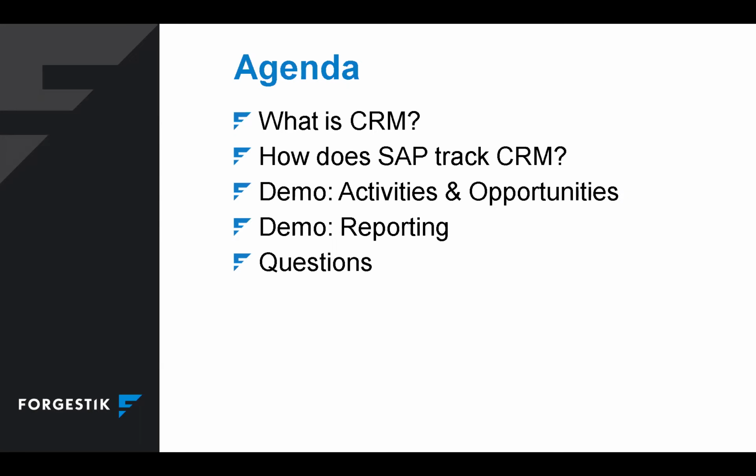How does SAP track CRM? CRM is primarily what's called an opportunity, and then generally along with those opportunities comes activities. So opportunities, what I'm about to demo, is a form specifically for tracking an opportunity to a lead or a customer.